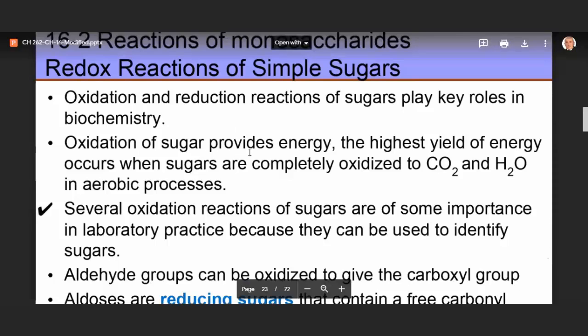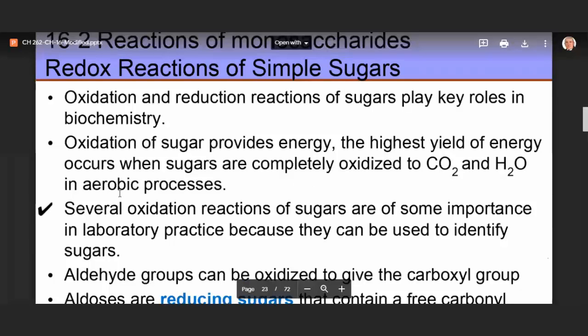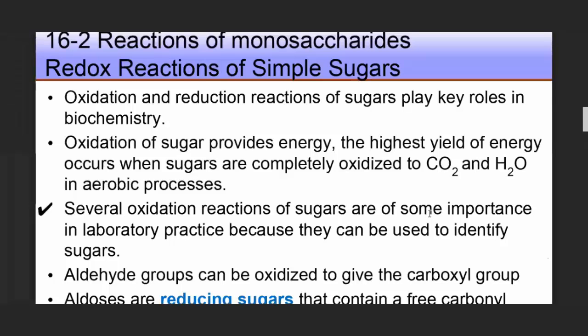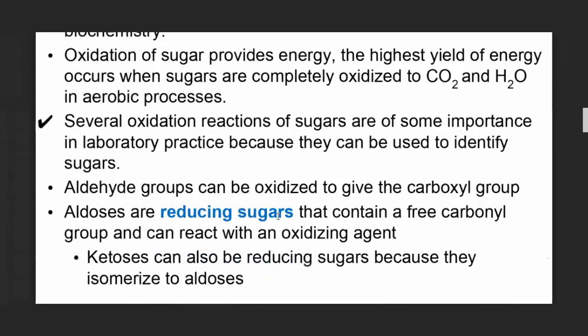Oxidation of sugars provides energy for organisms to carry out their life processes, and the highest yield of energy from hydrocarbon occurs when sugars are completely oxidized to CO2 and water in aerobic processes. Now, several oxidation reactions of sugars are of some importance in lab practice because they can be used to identify sugars.